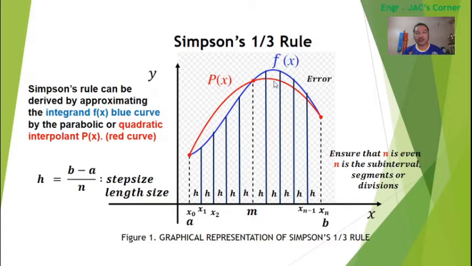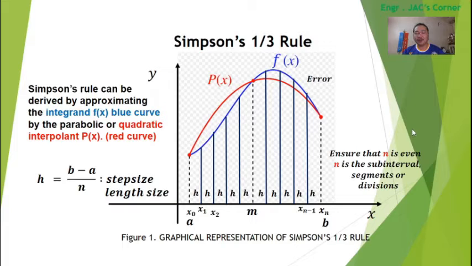We have a space between the upper side of p of x and the actual curve of the function of x. This space represents the error of this method. In order to reduce the error, we need to increase the number of segments or divisions. We should give a larger number of n in order to have a more accurate value.